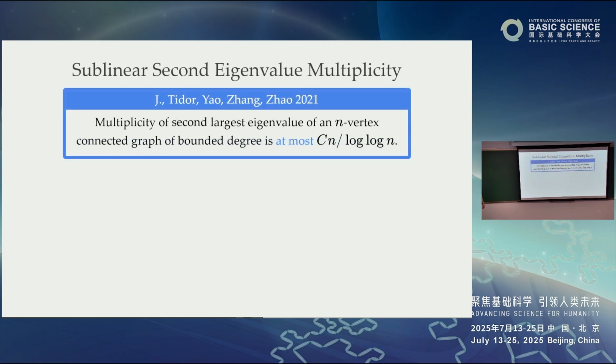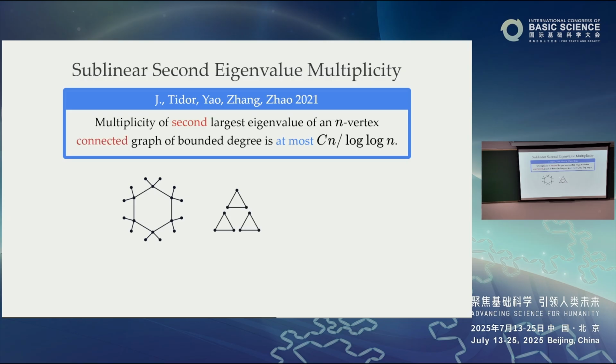So let me elaborate a little bit on this eigenvalue multiplicity result. The first thing you notice is that you really need the second largest eigenvalue. Here is an example, you can generalize it, where the smallest eigenvalue has linear multiplicity. Okay. So you really need to specify, it's not that every eigenvalue has to have sublinear multiplicity.